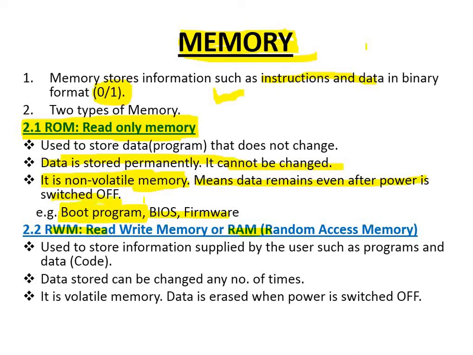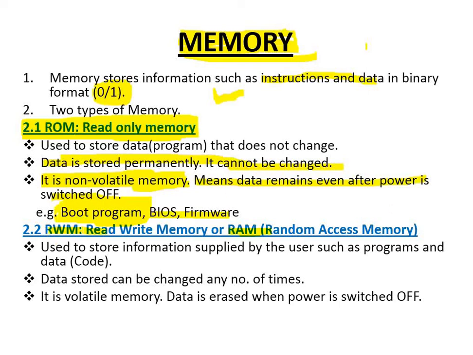This boot program is permanently stored inside your computer's ROM, and it cannot be erased. When you shut down, whatever is in the RAM will go off, but not the boot program, because it is written in the read only memory.